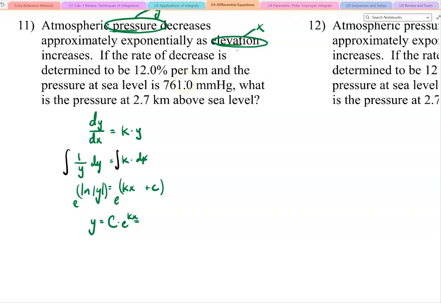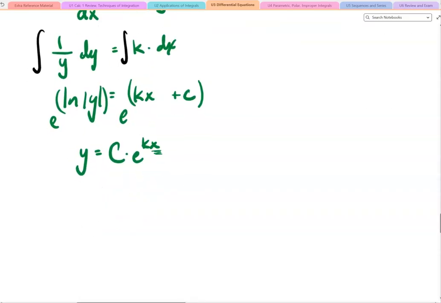So as I keep reading, I'm going to ignore this 12% for a second because I'm looking for a quantity that can help me identify C, our initial condition. The pressure at sea level, I'm going to assume that that's an X value of 0 or an elevation of 0, is 761. So what we know is that 761 is the result of some C value times e to the rate of growth times the elevation of 0.